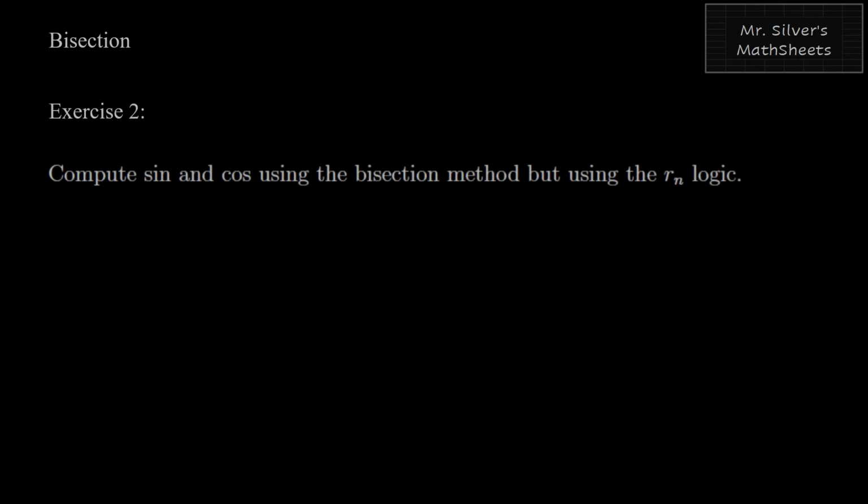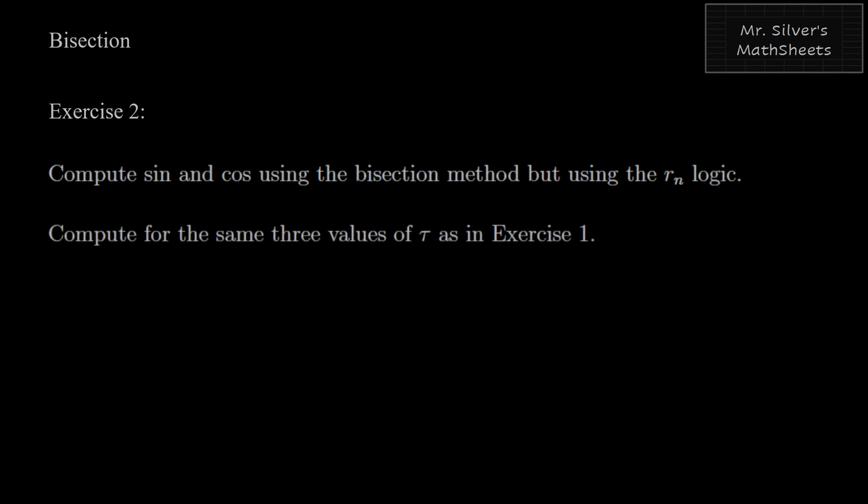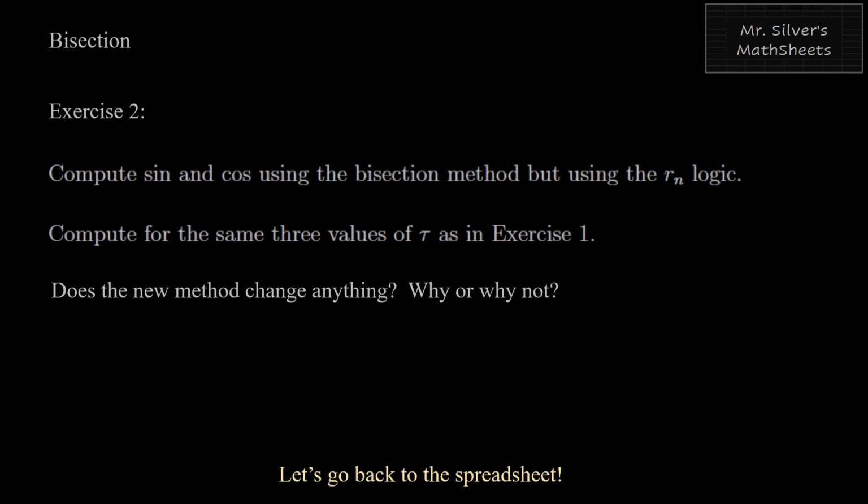So let's do another exercise. Let's compute sine and cosine using the bisection method, but using the Rn logic. Same values. Does the new method change anything? Why or why not? Let's go to the spreadsheet and see.